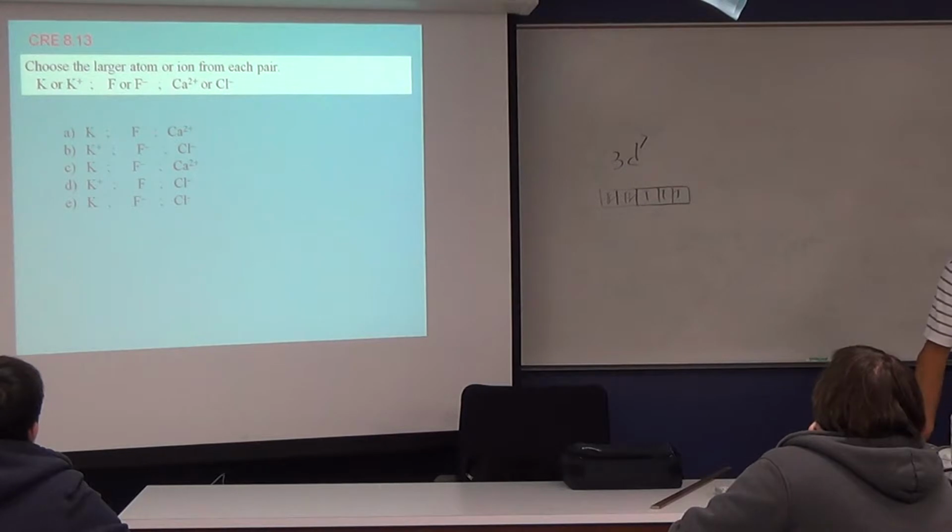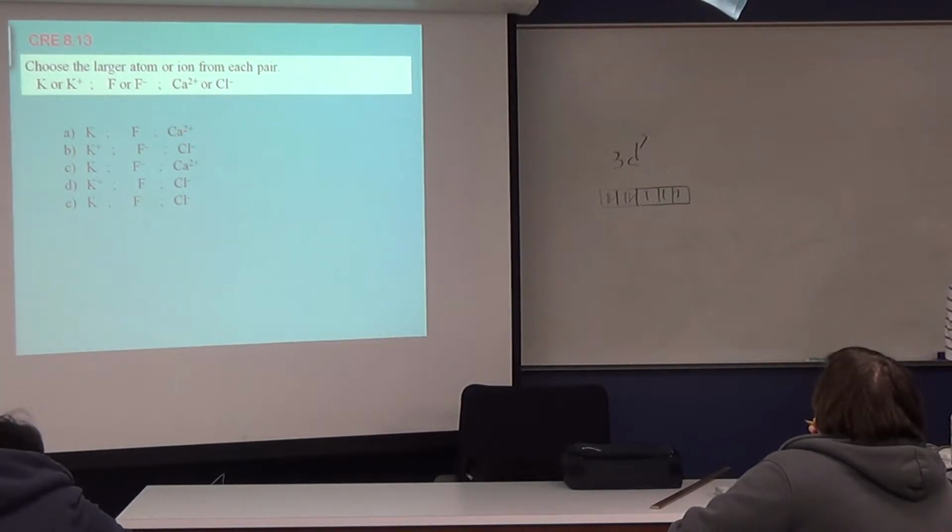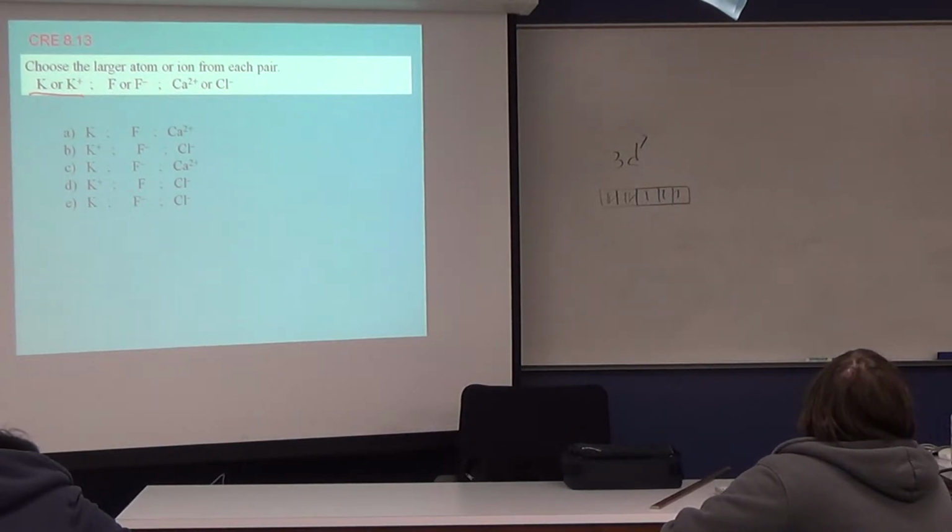Let's do one by one first, okay? Between K and K plus, which one is bigger? That's easy, compare with the parent. So K is bigger, K plus is smaller, because plus means you take electrons away.